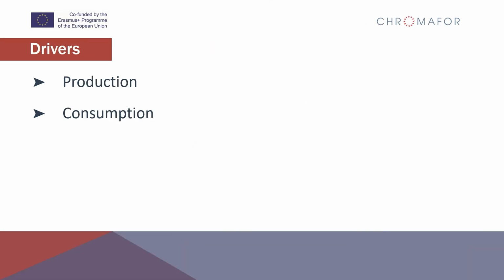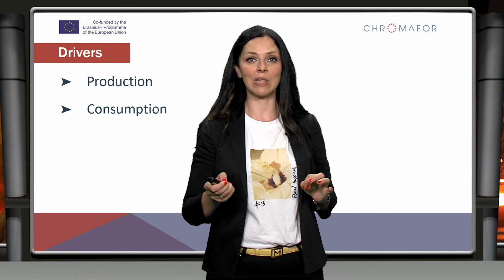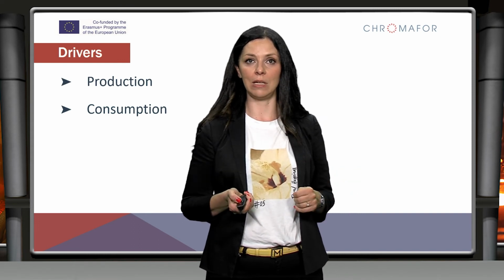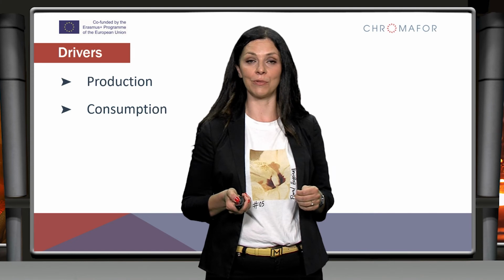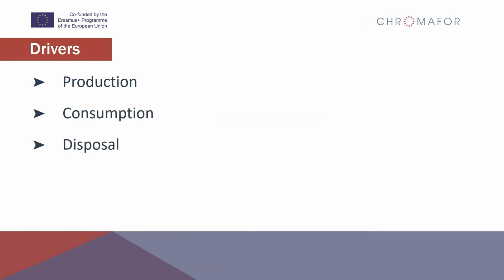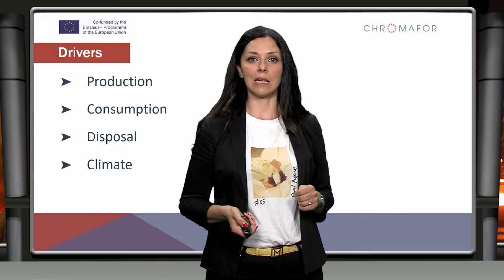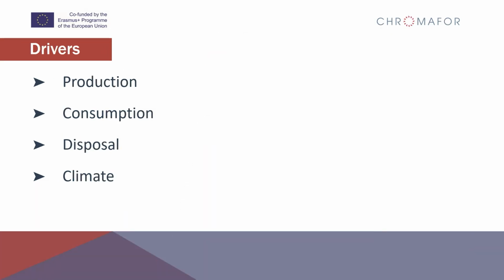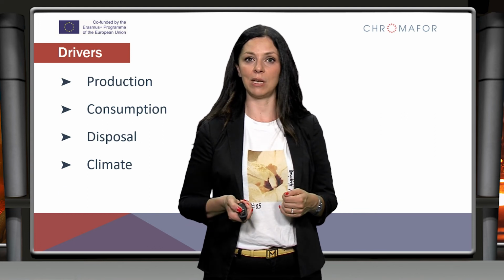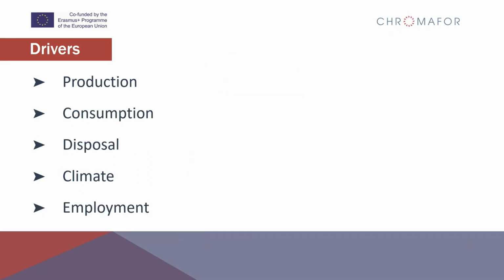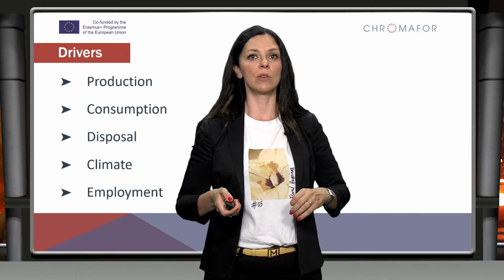Then the consumption, which is the way in which the company consumes and transforms some input and the other material flows. Then there is disposal, the way in which waste is treated inside the company. And then there is the climate, which is the effects of the production process on the environment. And then also employment.